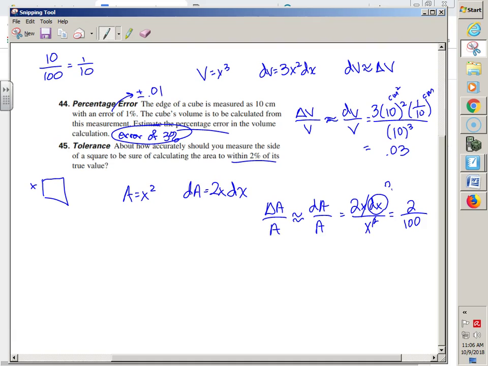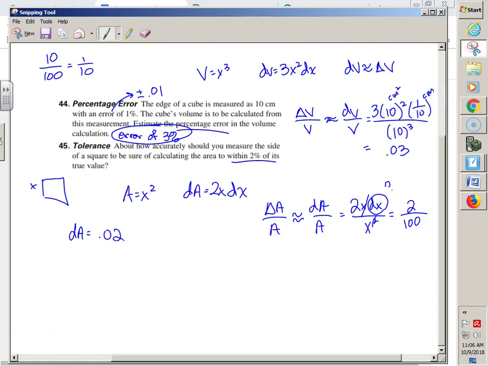What am I missing? Oh. 2% of its true value. No, that means that dA is equal to 2%.